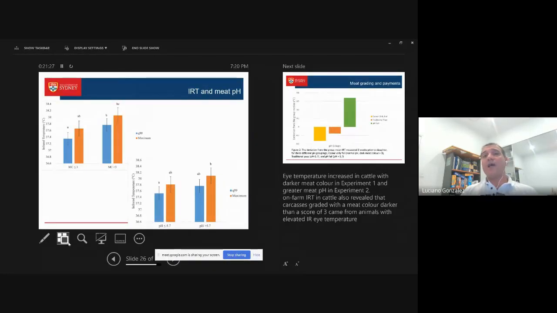And what we have found is that there is a relationship between infrared temperature of animals and meat color. So animals with dark meat will have higher temperature before slaughter. And in addition to that, animals with higher pH in the meat also show higher temperature before you kill them.